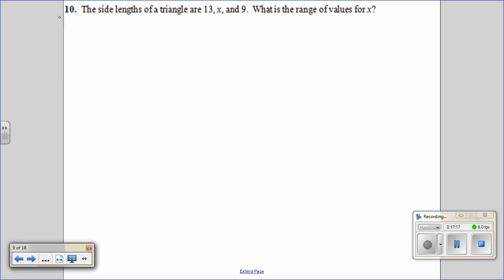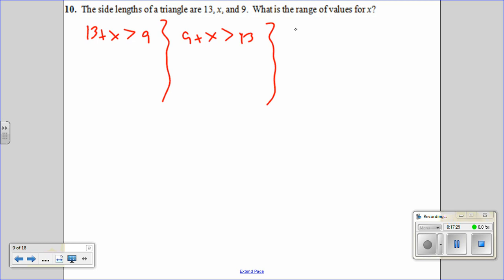I know that based on the rule, 13 plus x has to be greater than 9. 9 plus x has to be greater than 13. And 9 plus 13 has to be greater than x.